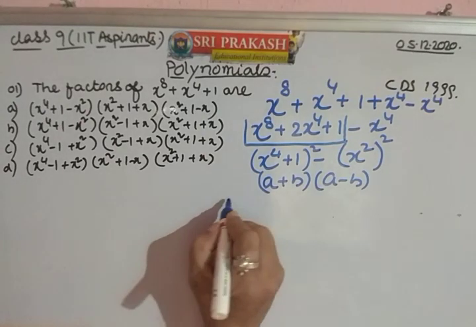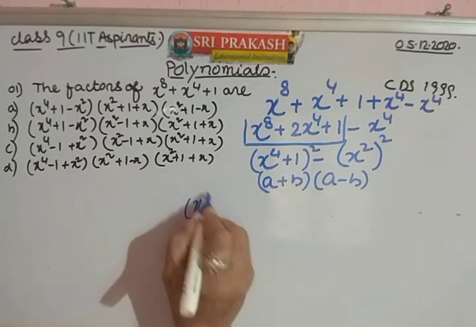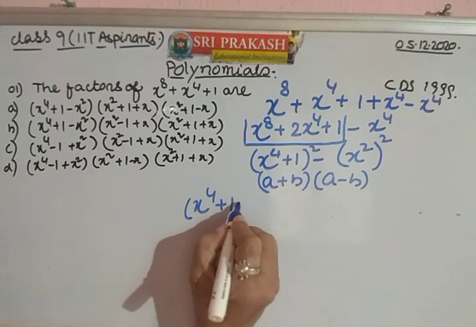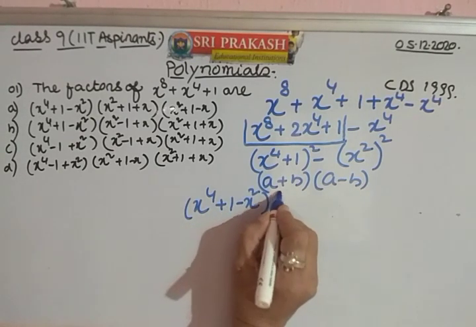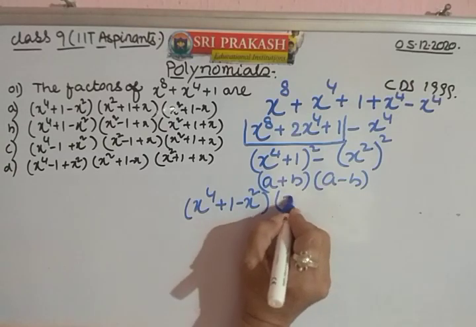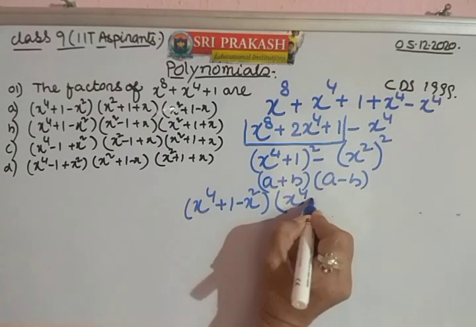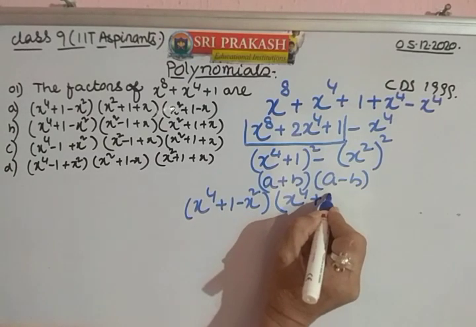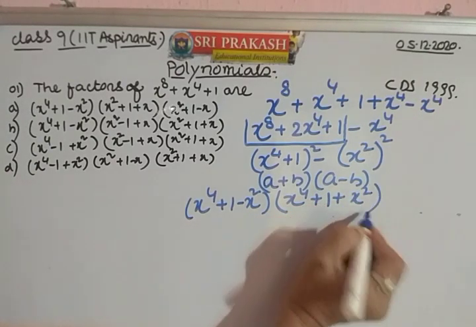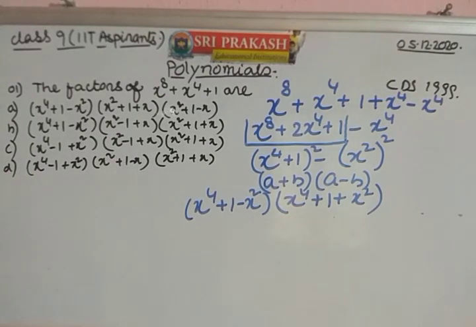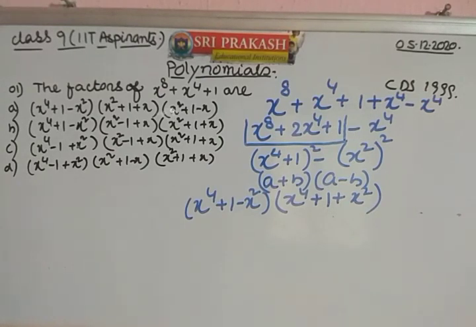So a plus b means x to the power of 4 plus 1 minus x square. And what is a minus b? x to the power of 4 plus 1 plus x square. Clear? So what we do?